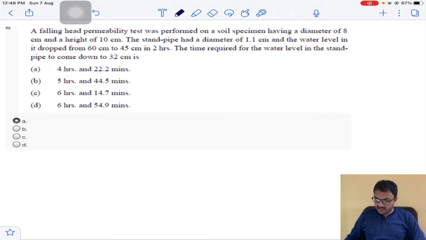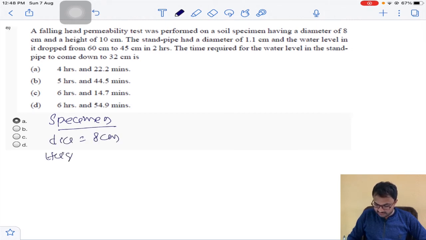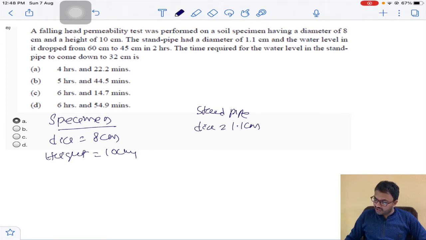A falling head permeability test was conducted on a soil specimen having diameter 8 centimeters and height 10 centimeters, a stand pipe diameter of 1.1 centimeter, and the water level dropped from 60 centimeter to 45 centimeter.